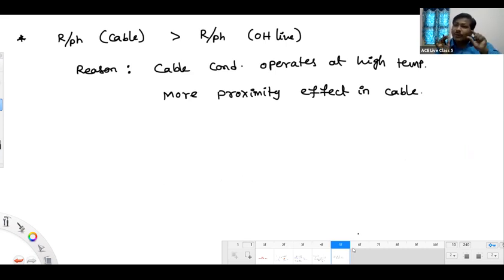Single core means only one conductor; the conductor itself is called the core here. I will discuss the various layers we keep in the cable construction, and then we will move on to insulation resistance calculation and capacitance calculation.